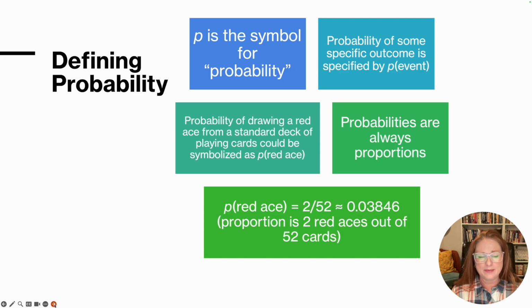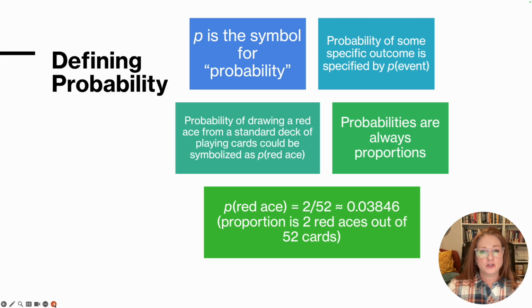Keep in mind that probabilities are always written as proportions, the proportion of all the possible outcomes. So P(red ace) is 2 divided by 52, because all my possible outcomes total 52.